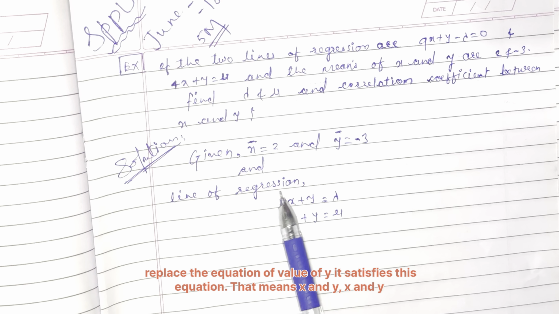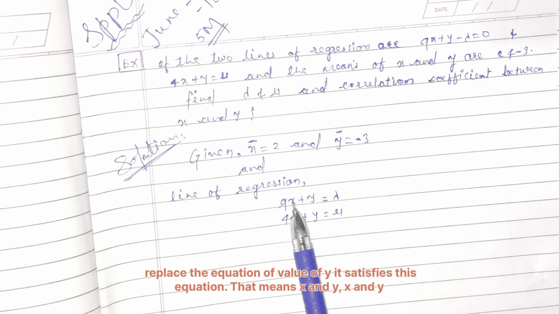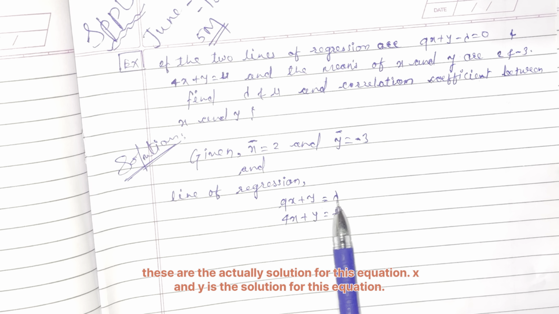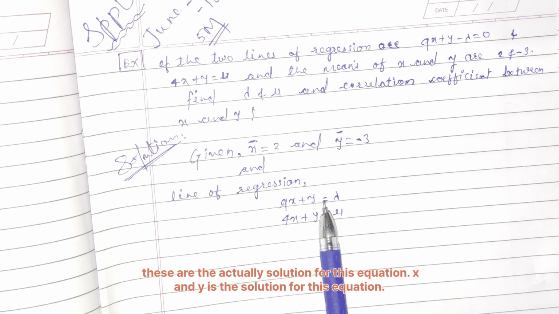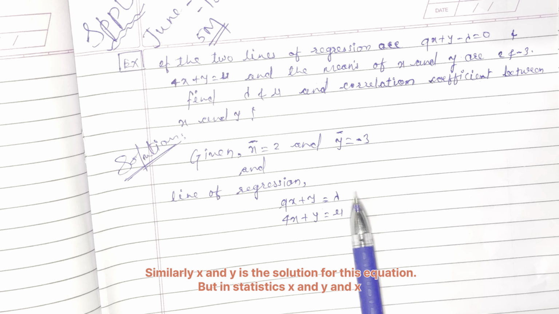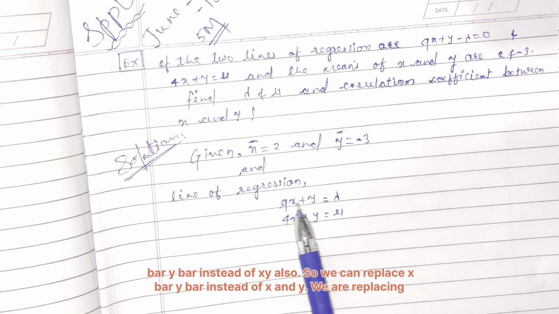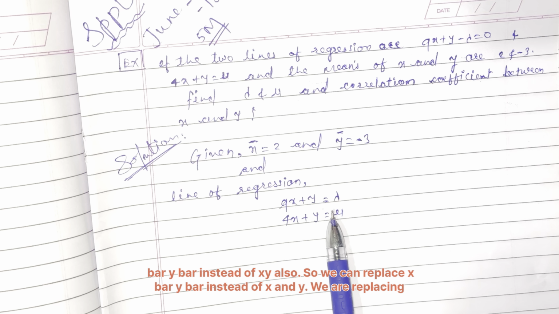That means x and y are the solution for this equation, and similarly for the other equation. In statistics, x and y and x bar and y bar behave the same, so we can replace x and y with x bar and y bar.